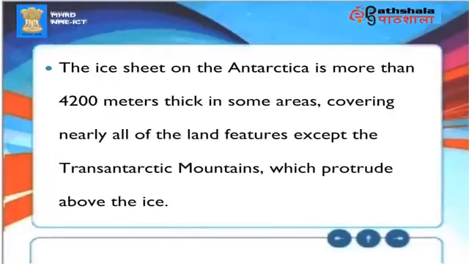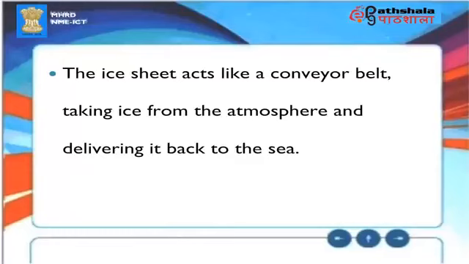The ice sheet on Antarctica is more than 4,200 meters thick in some areas, covering nearly all of the land features except the Transantarctic Mountains, which protrude above the ice. The ice sheet acts like a conveyor belt, taking ice from the atmosphere and delivering it back to the sea.